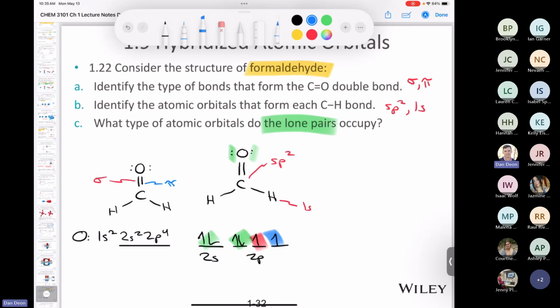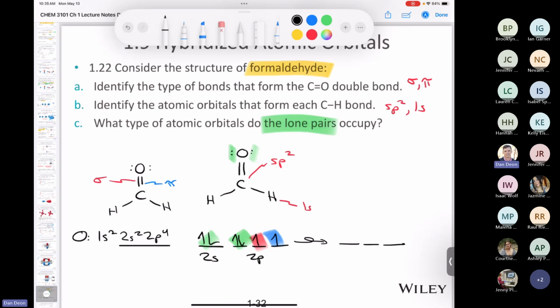Well, what's the problem with this? The 2 lone pairs, the ones that I have highlighted in green, they're not the same energy. One's in a 2p, one's in a 2s. So there's a serious problem with that. So what we need to do is hybridize our orbitals. So I'll just say here, hybridize, and we need to hybridize 3 of them.